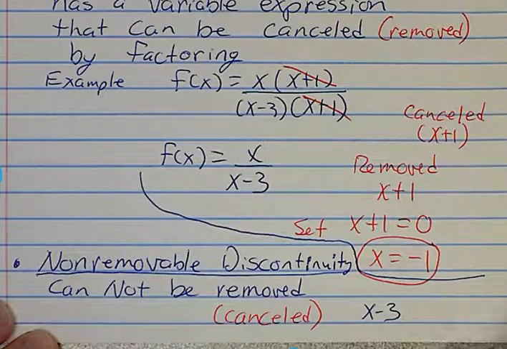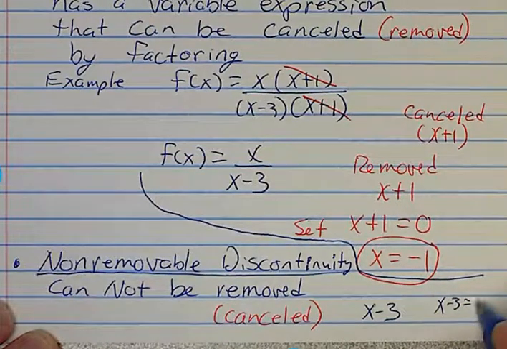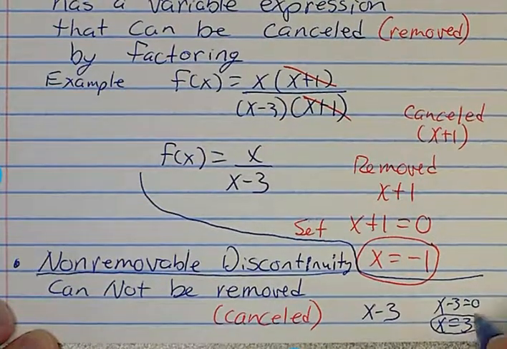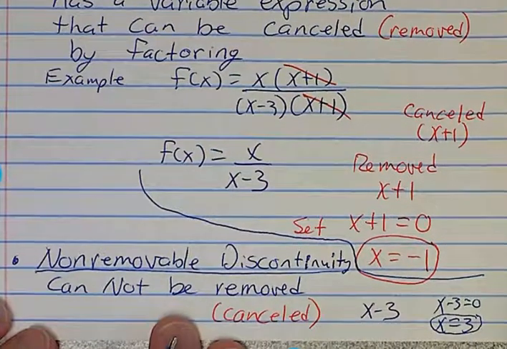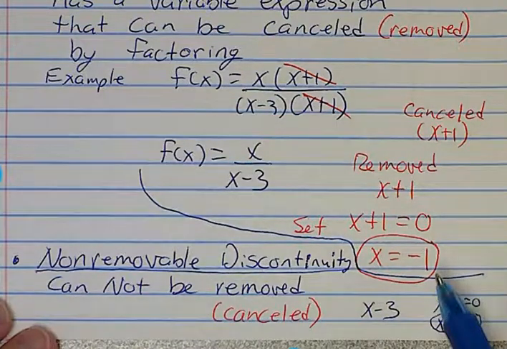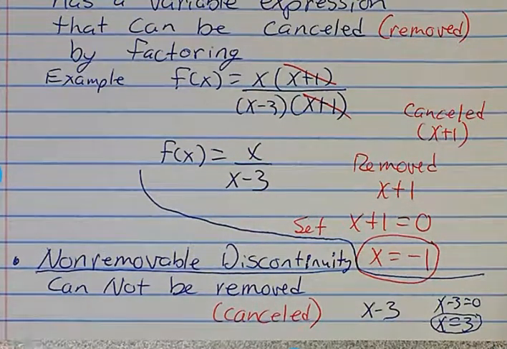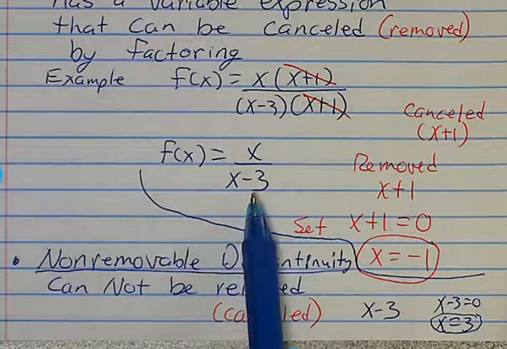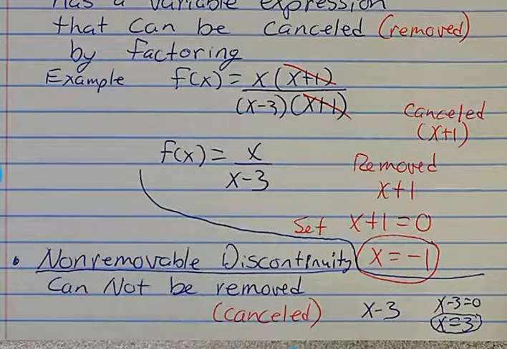Again, just set that equal to 0, so x minus 3 equals 0. So that's x equals 3. So if you cancel something out, they call that a removable discontinuity or a removable hole, or whatever they want to call it there. If it's something that you cannot cancel out and it's left over in the denominator, then they say that's non-removable because it was left over. But you still set that part equal to 0.